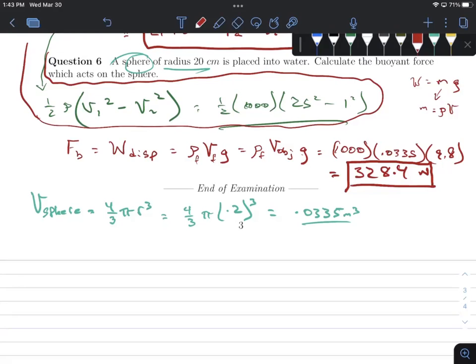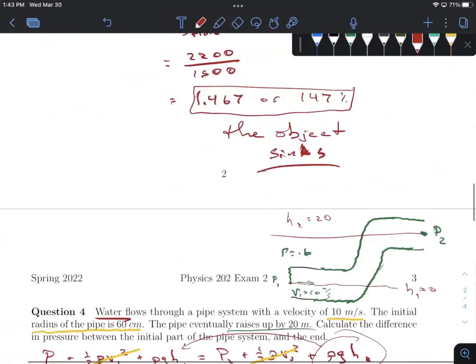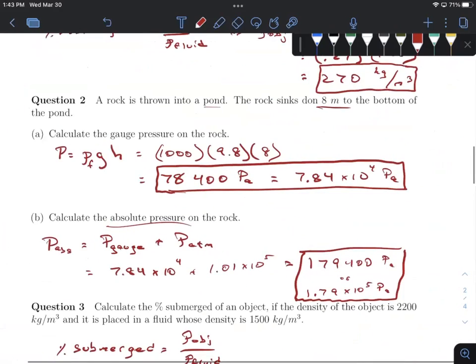So any questions about buoyant force and Archimedes' principle? Dr. Rossman, yeah, I have a question about number 2. Sure. Yeah, what's up?